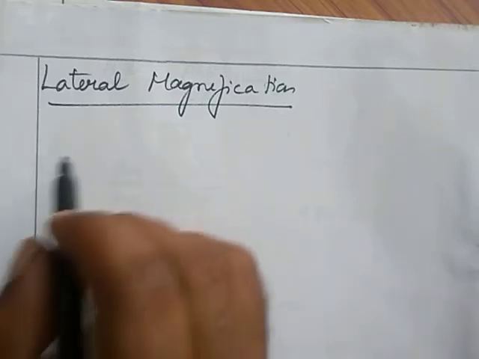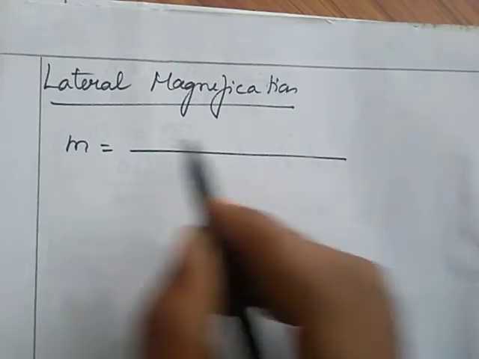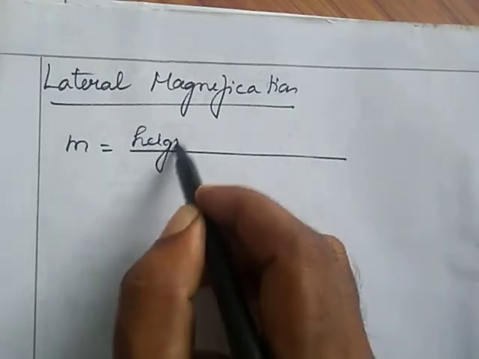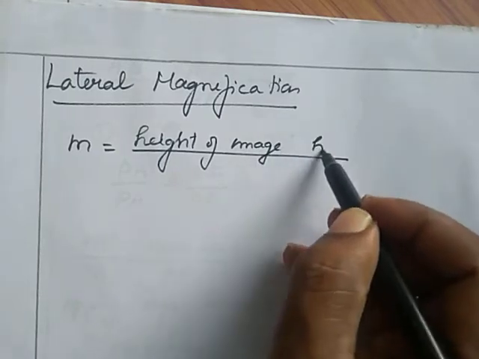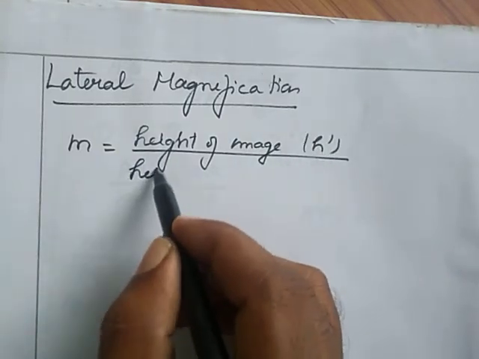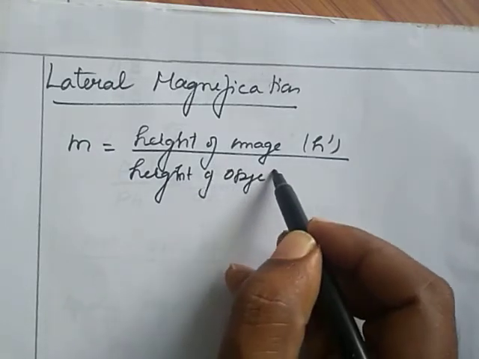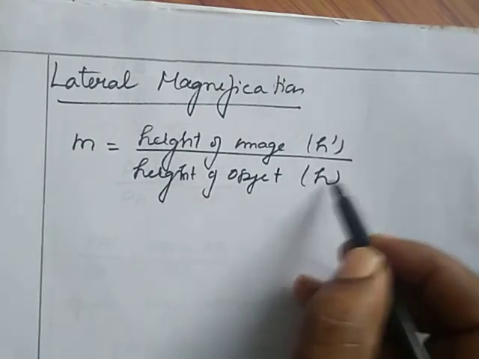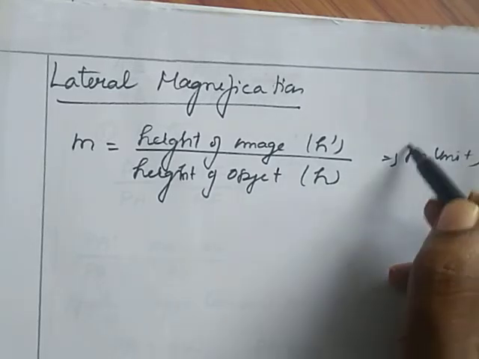Lateral magnification is represented by the symbol m. It is defined as the ratio of the height of the image, that is h dash, to the height of the object, that is h. There is no unit for lateral magnification.